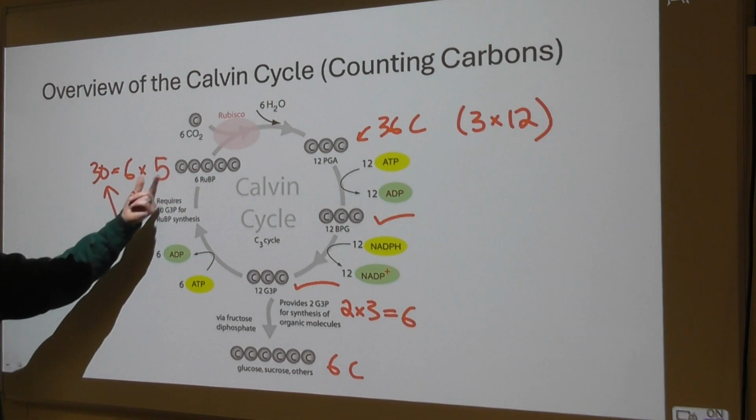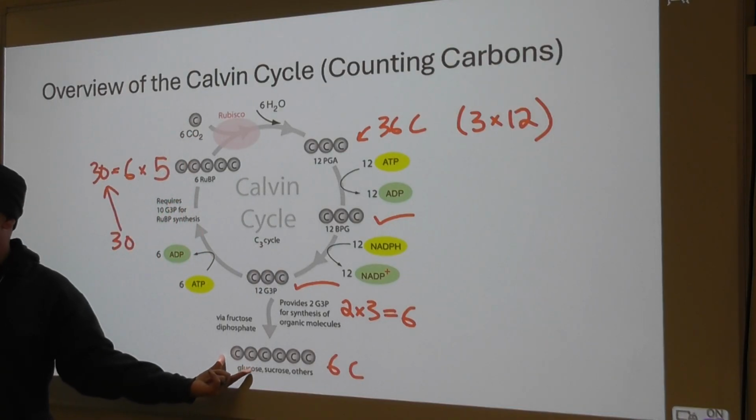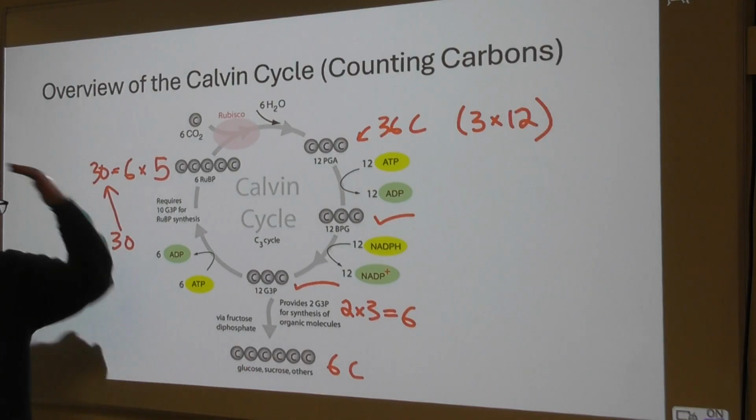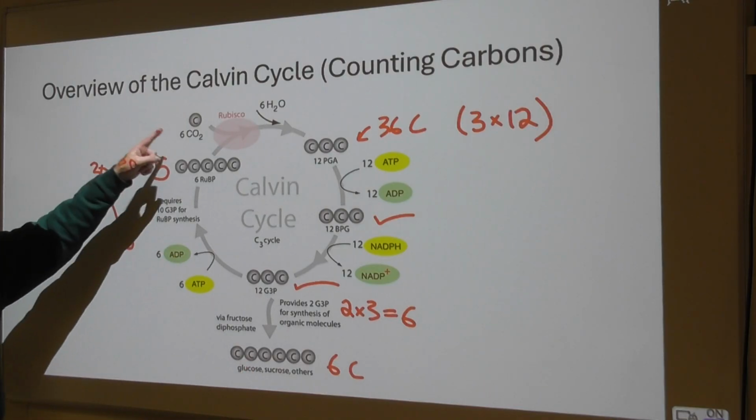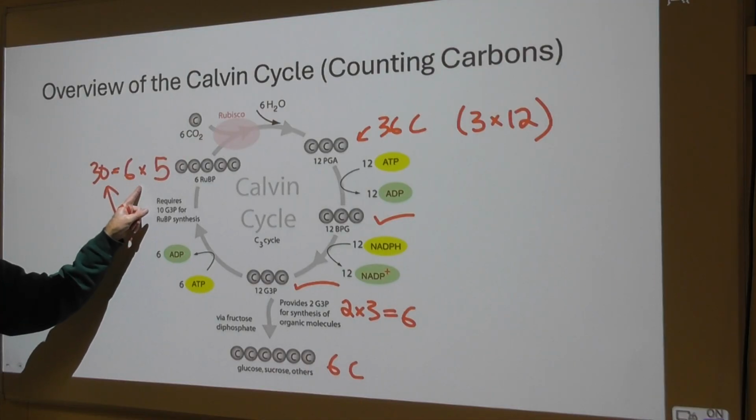You can look at this in terms of the number of carbons you need to make a glucose, or the way that I learned it, you can do half of all of this stuff. So we have 3 CO2s, we have 3 RuBPs.